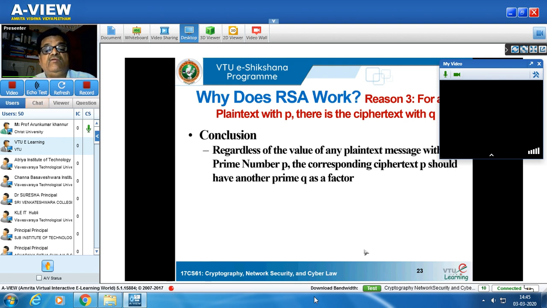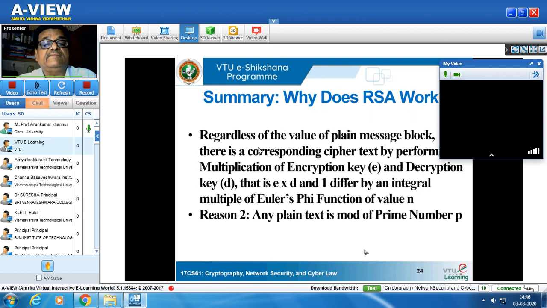Because when we are interested in mapping the plain text with prime number, from that when we create one set, ciphertext with the prime number Q, we create another set. There should be correspondence between these two sets. That is what we are trying to say here.